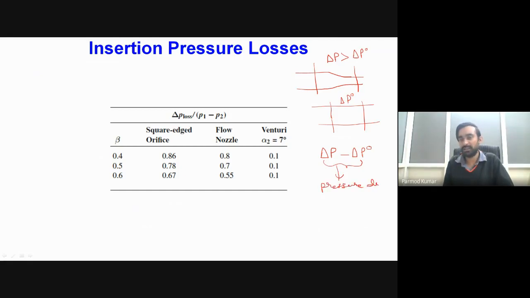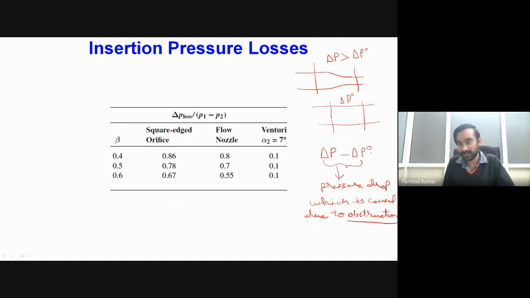That is nothing but the pressure drop which is caused due to the presence of the obstruction.